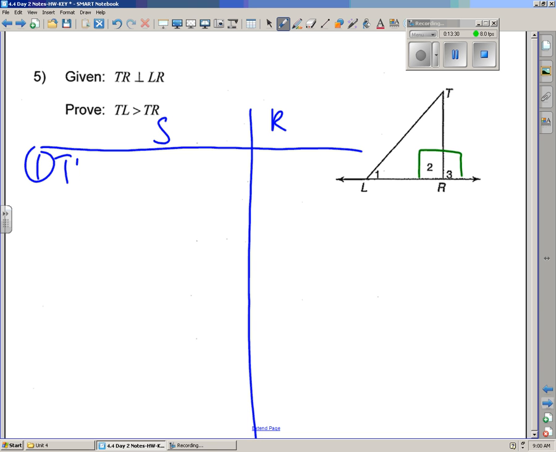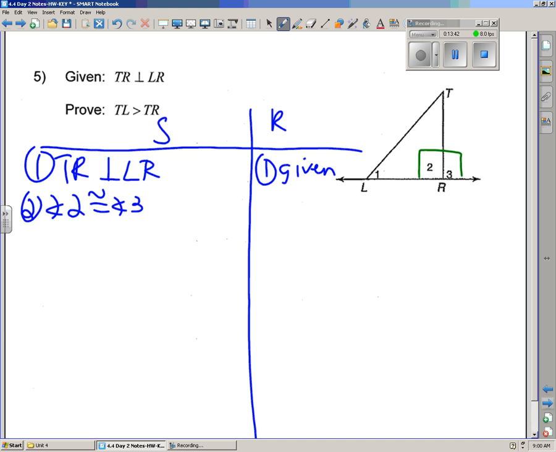So 1, TR is greater than LR, given. Then we can say angle 2 is congruent to angle 3 because perpendicular lines form congruent right angles.